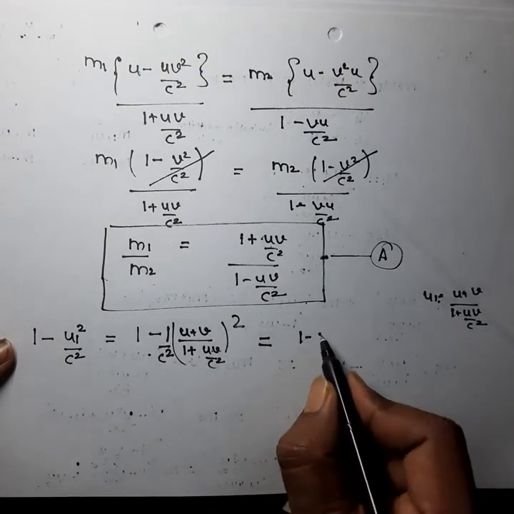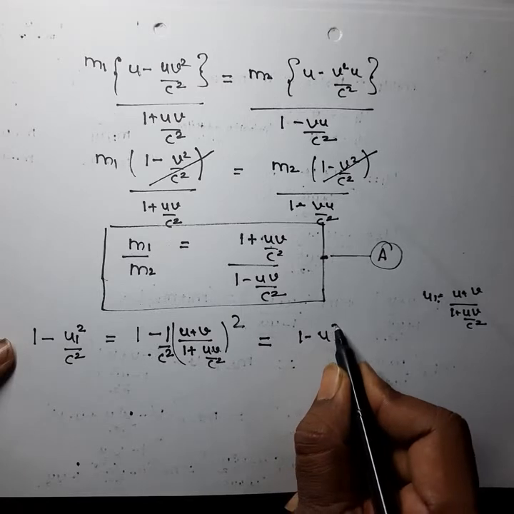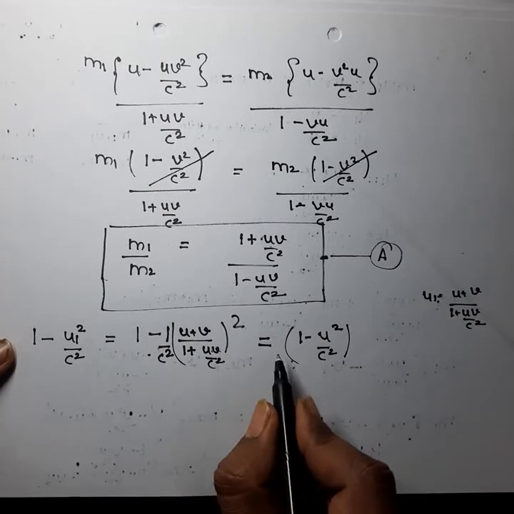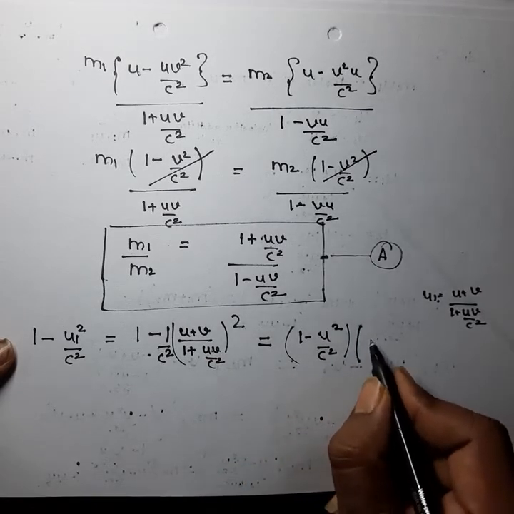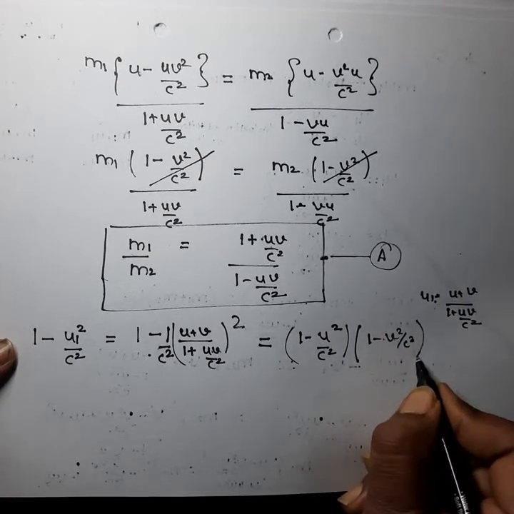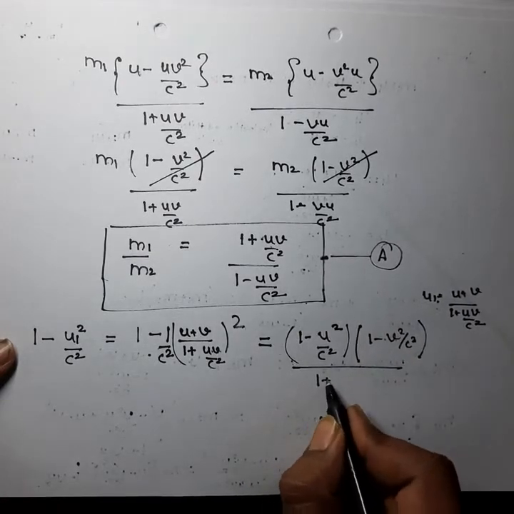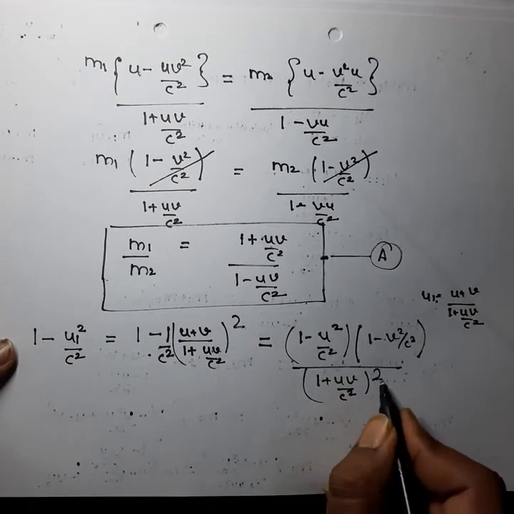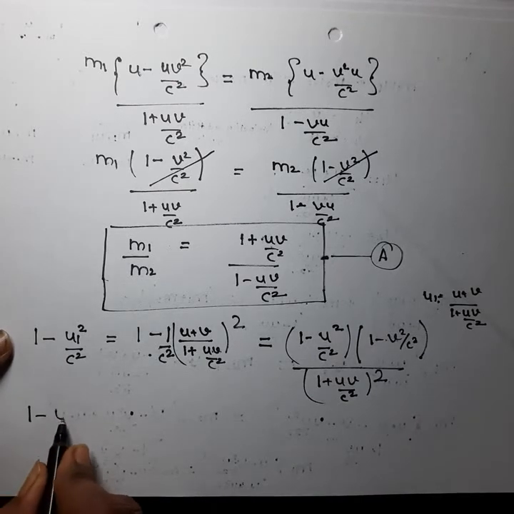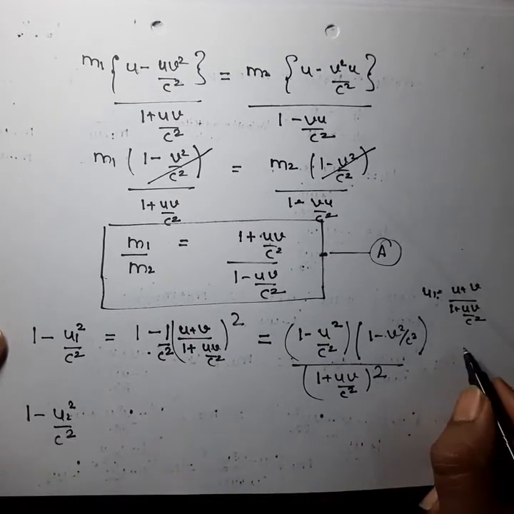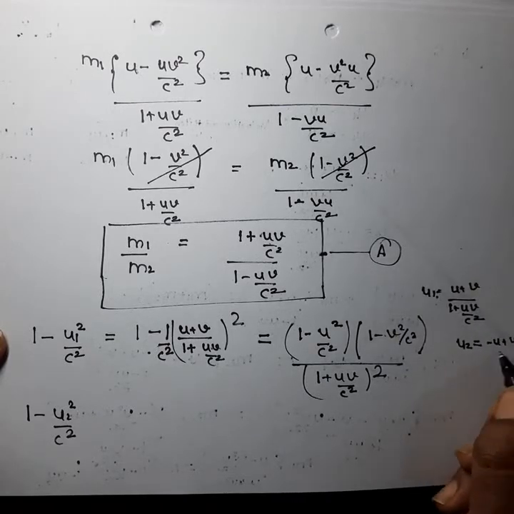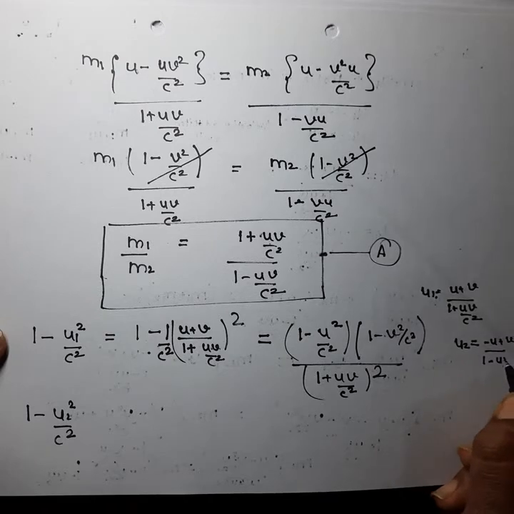When you simplify it, you will get the expression 1 minus u square by c square times 1 minus v square by c square, divided by 1 plus uv by c square, whole square. I am not doing this just to save time. Similarly we can write the expression for 1 minus u2 square by c square. You have to substitute the value of u2, that was minus u plus v divided by 1 minus uv by c square.